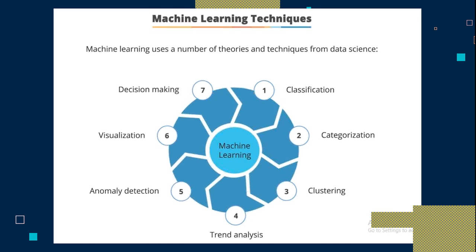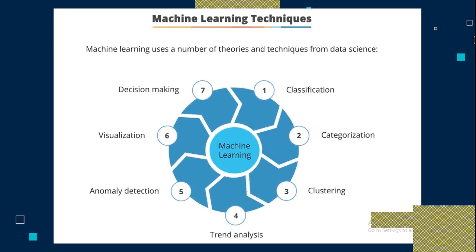So these are the basic 7 applications I framed where we can utilize machine learning. The first one is classification. For the classification problem, we can use machine learning. For categorization, we can use machine learning. For clustering, we can use machine learning. For trend analysis, such as the stock market series, we can use machine learning.